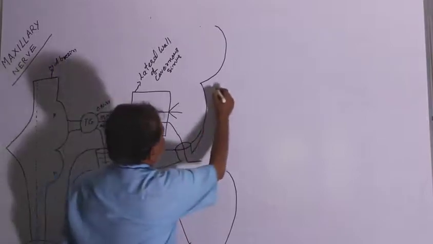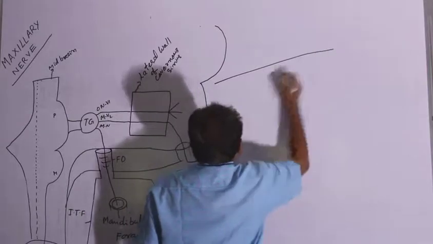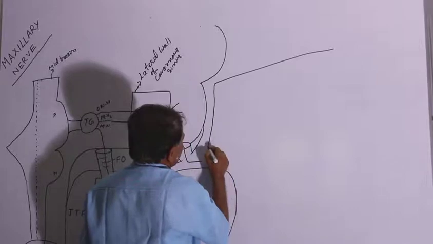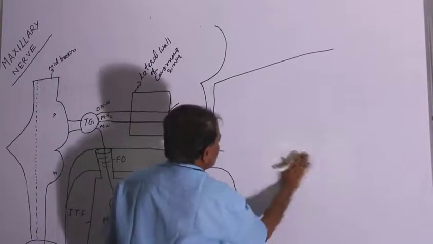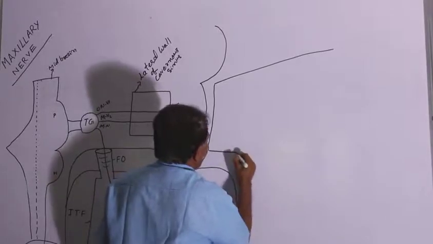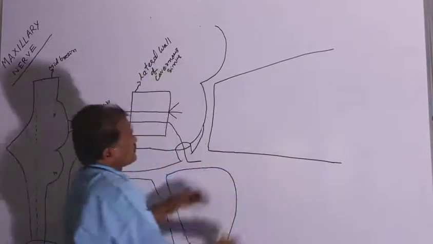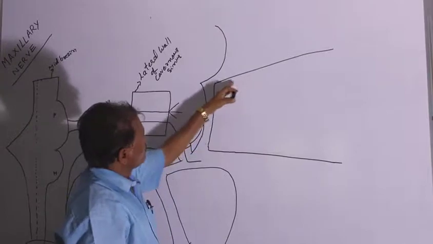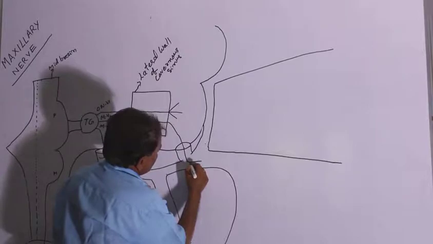At this region there is the orbit. This one is the orbit, with the floor of the orbit and the roof of the orbit. Here it gives the ganglionic branches.